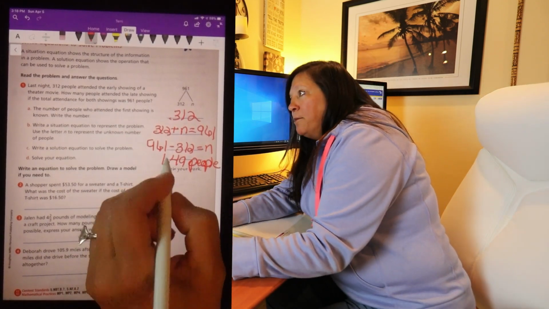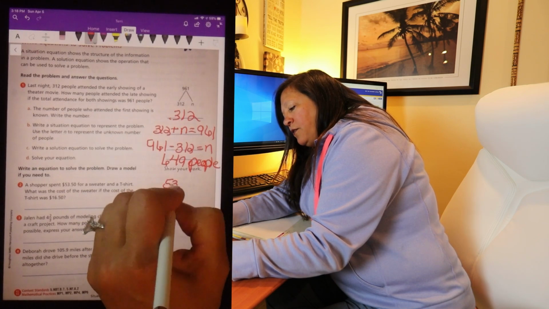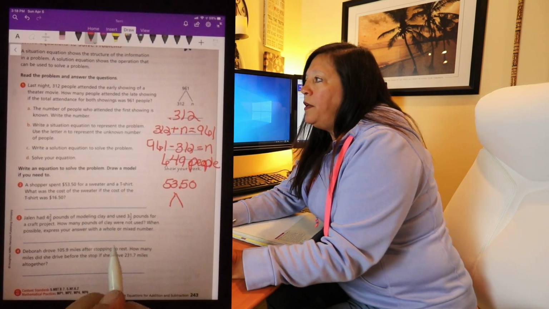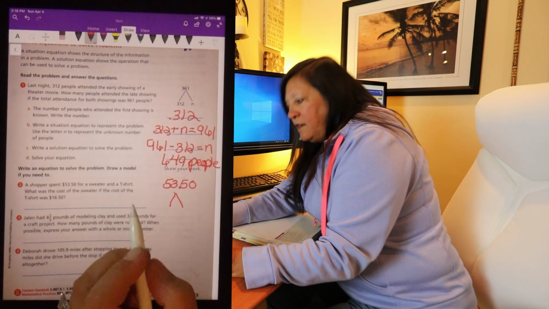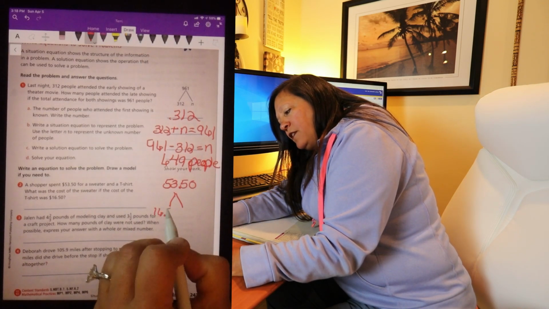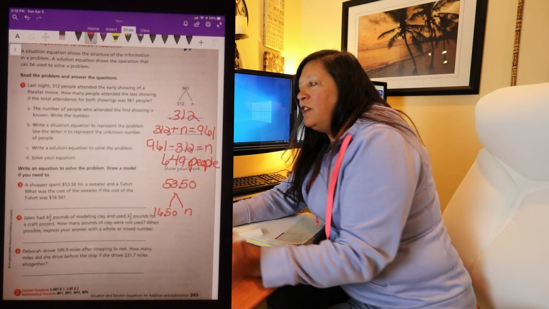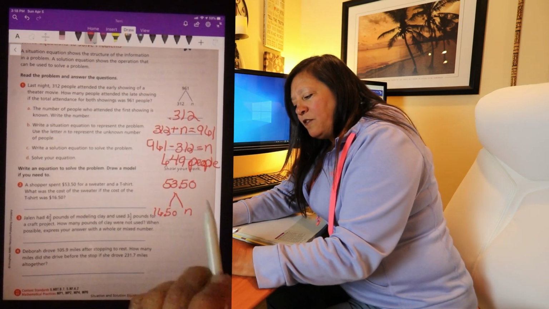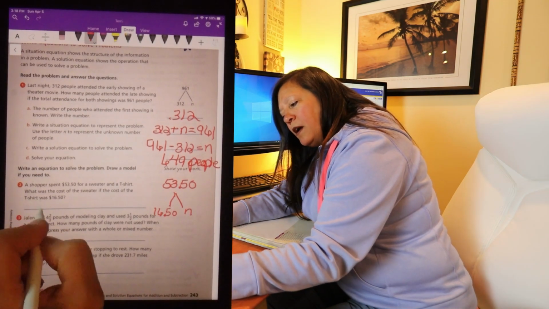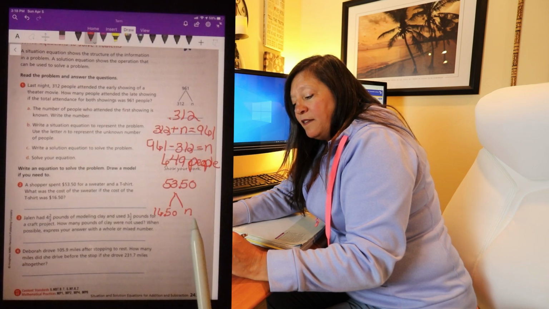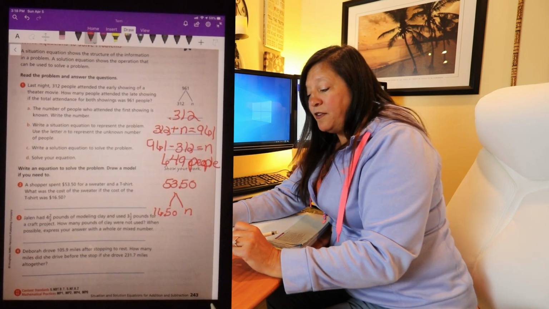Well, if we do a math mountain here, our $53.50 is the total cost. We know that the t-shirt is $16.50. Okay, what we don't know is how much is the sweater. So here's our math mountain, and then our situation equation would be our $16.50 plus n equals $53.50.